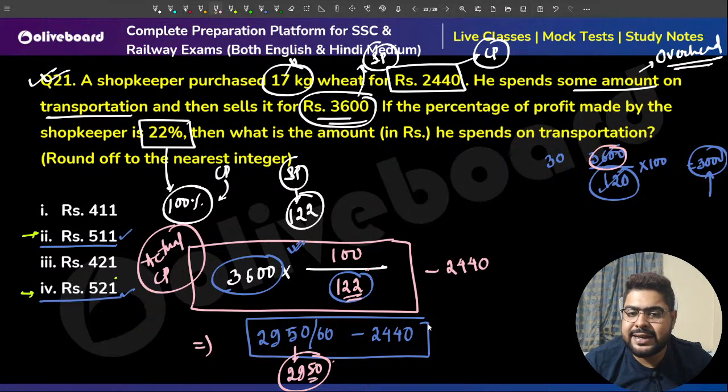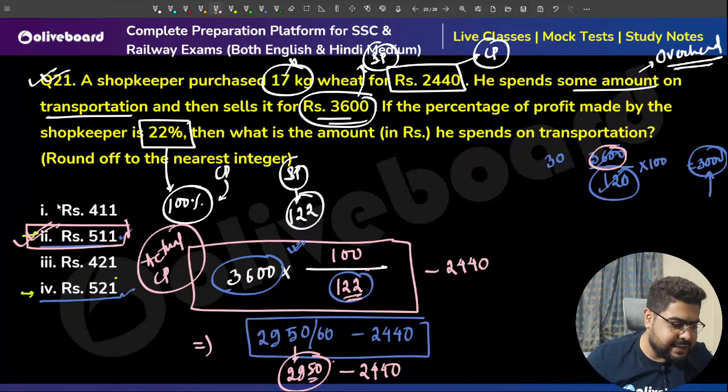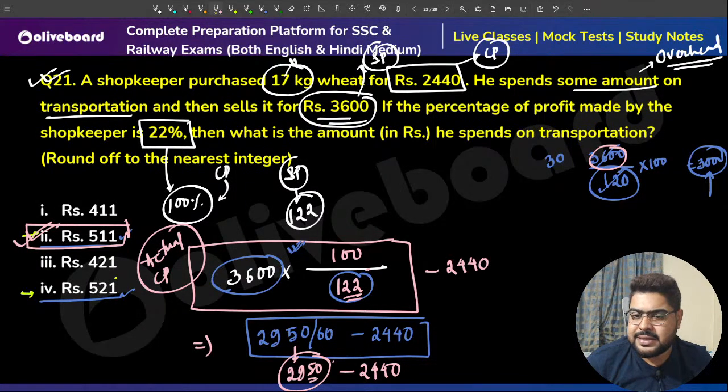That is what we need, minus 2440, 510. I guess option 2. My rough calculation is saying option 2 is the answer. I'm not 100% sure, but I'm almost 100% sure option 2 is the answer. So next.